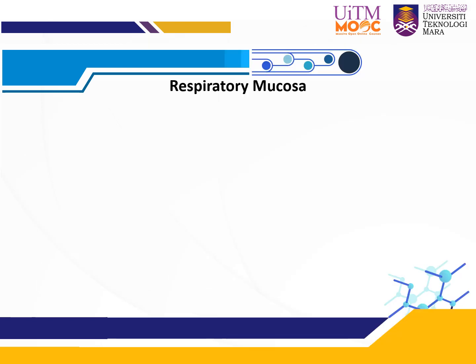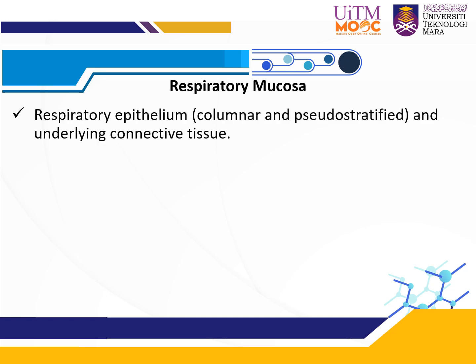Moving on to the respiratory mucosa, which lines the respiratory tract, we have the respiratory epithelium, which consists of columnar and pseudostratified cells. In chapter 2, you learned the types of cell arrangements. Columnar comes from the word column, so the shape is a column, and pseudostratified means look-alike stratified, where stratified is multiple.